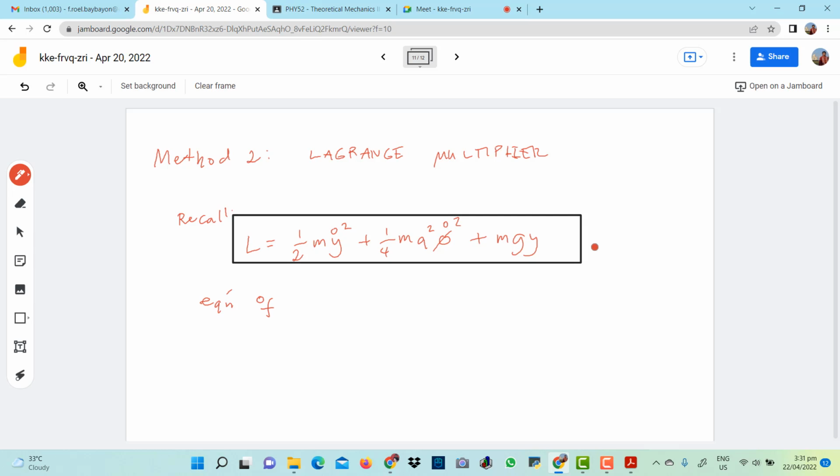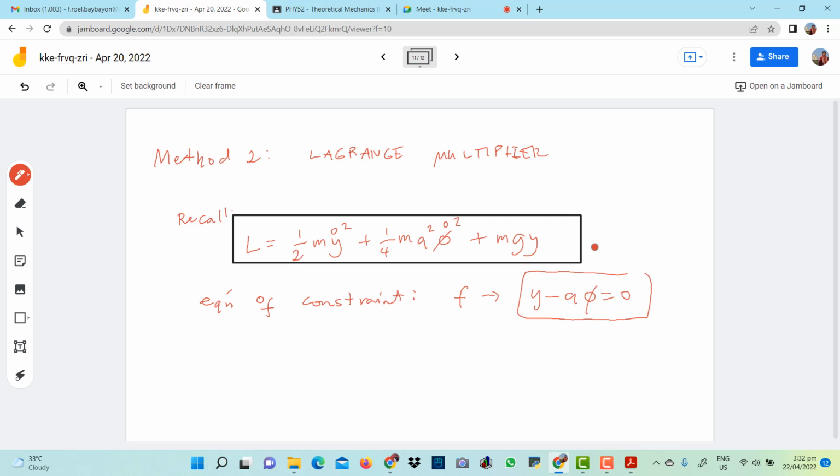Isa lang kabuok. Equation of constraint is F, which is equal to y minus a phi, equal to 0.